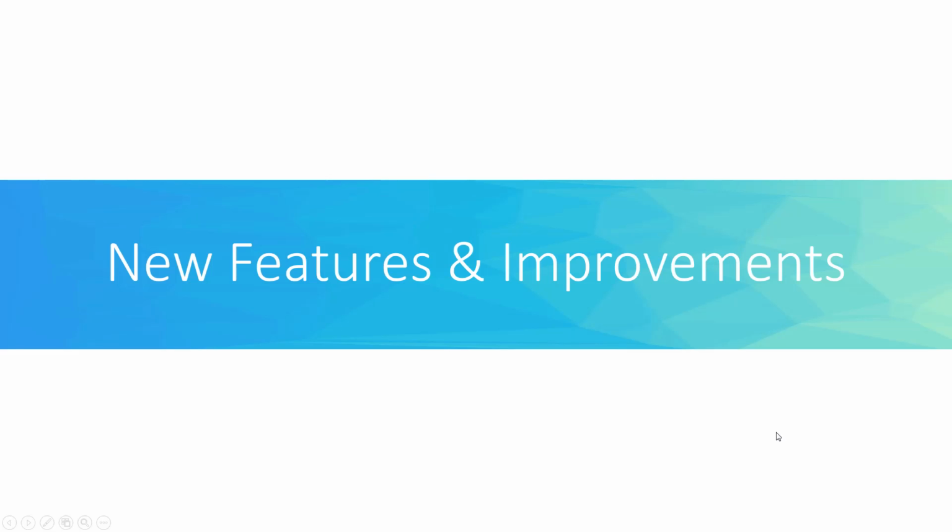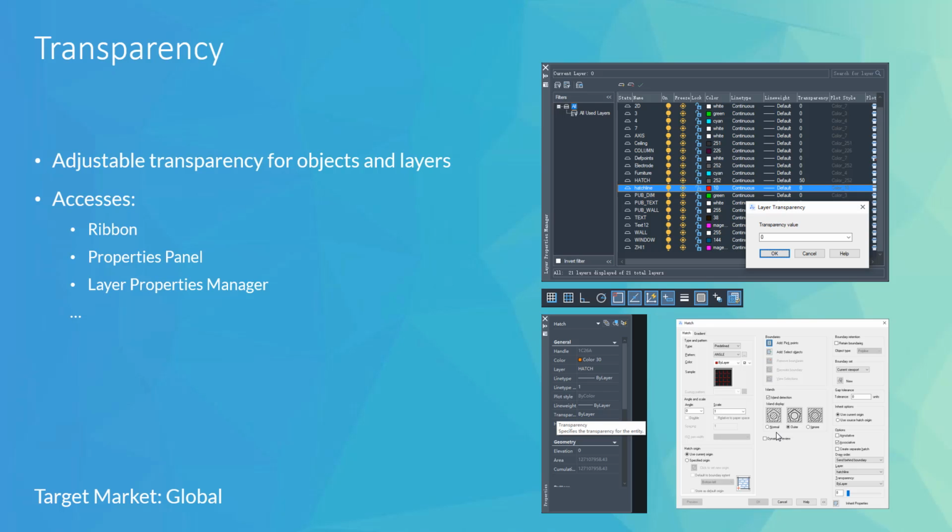Okay, then let's go to the most important part, the new features and improvements in this version. The first new feature is about transparency. As you can see from here, we support transparency. You can set it from the property panel and also for hatch, for layer.